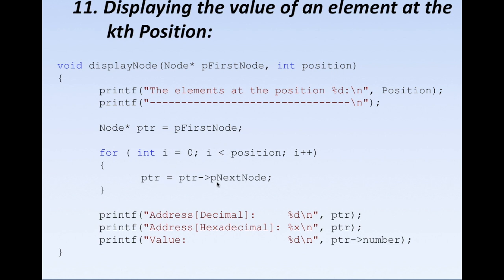This for loop moves the pointer until it's pointing to the element in position, such that ptr.number will give me the number inside this element.